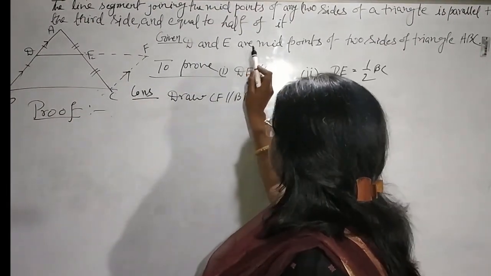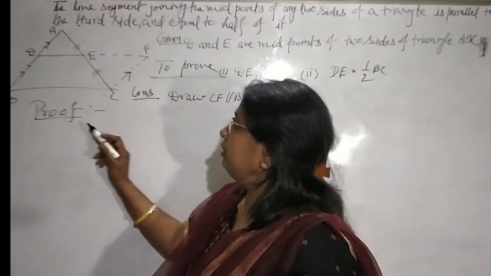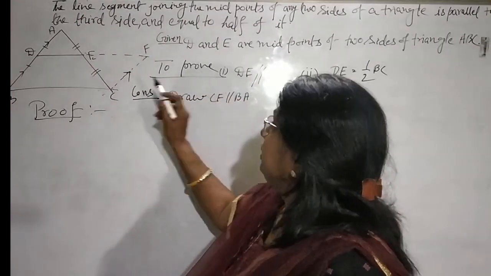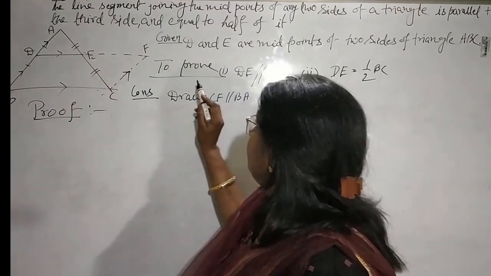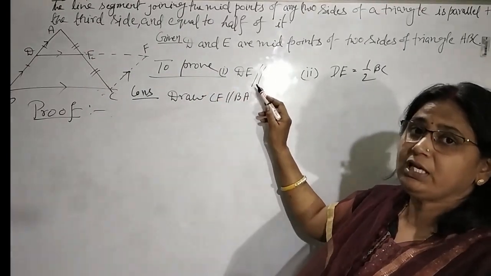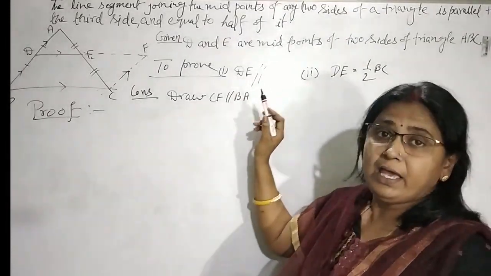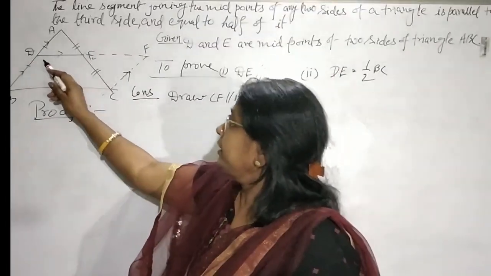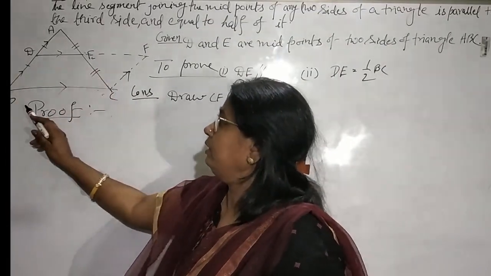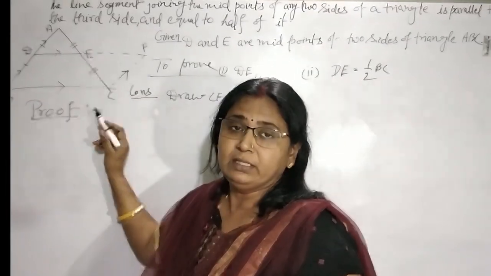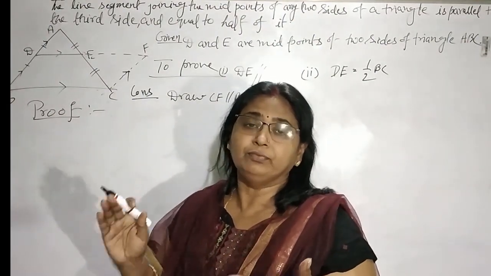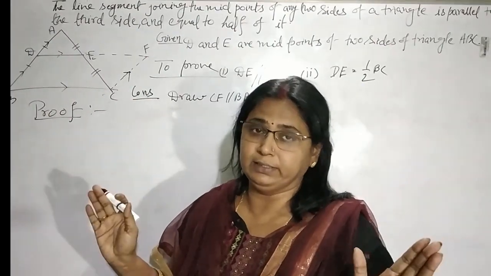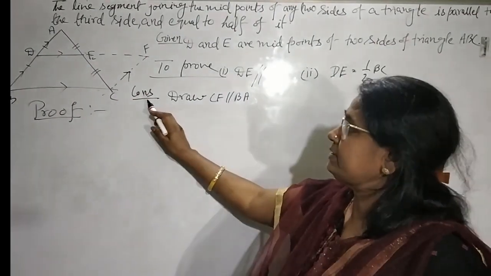Now, what do we have to prove? First, DE is parallel to BC, and second, DE is equal to half of BC.